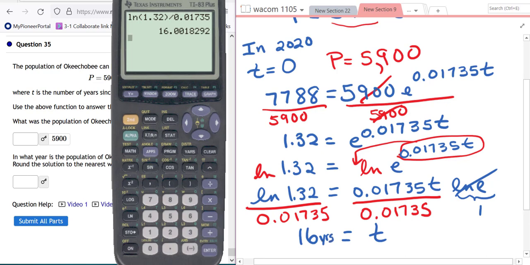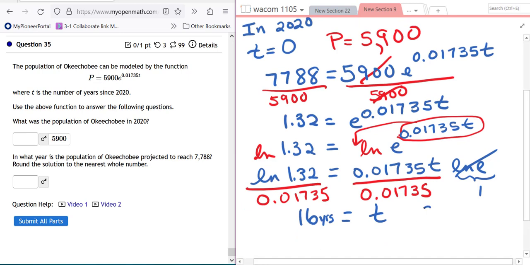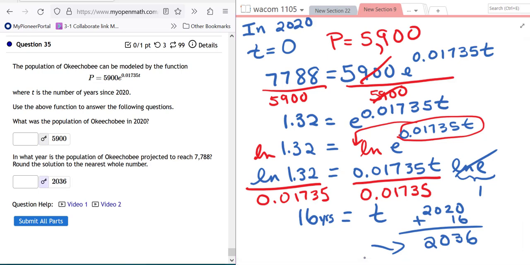Now, to answer the question is, in what year will it reach this? So you have to add the 16 back to the 2020 where the model started. So 2020, add back the 16. So in the year 2036, the population, according to this model, if it keeps moving at the same rate, would be 7,788.